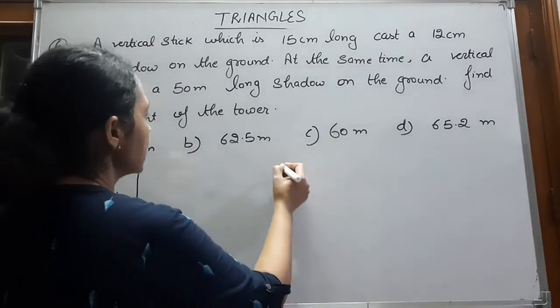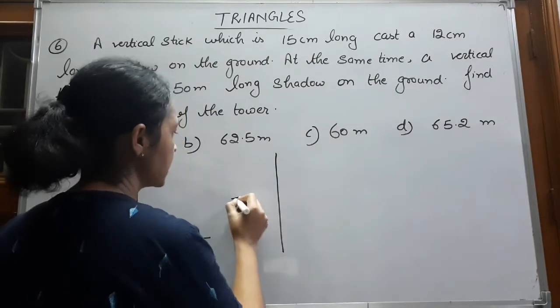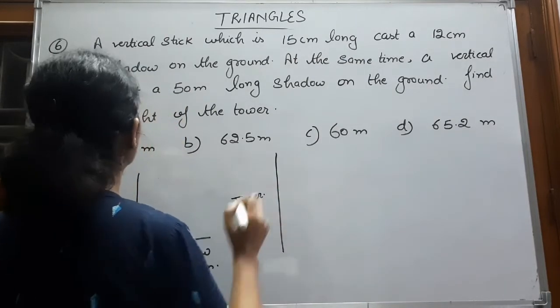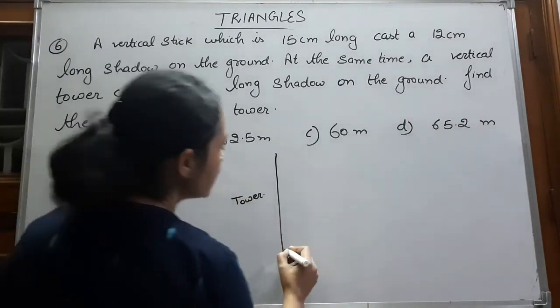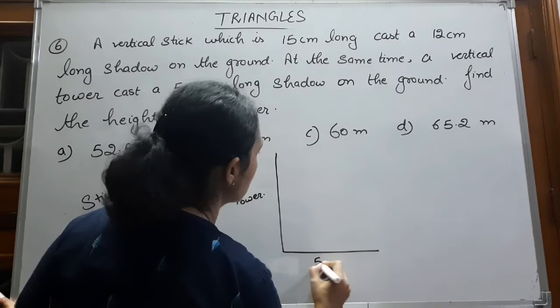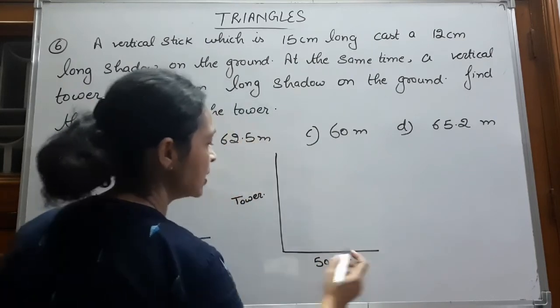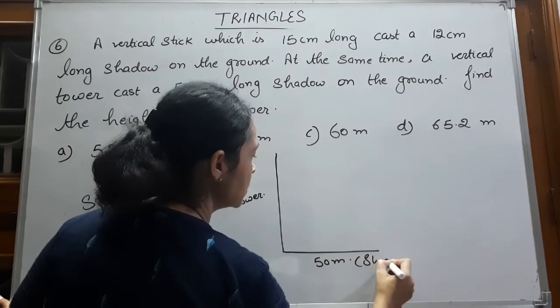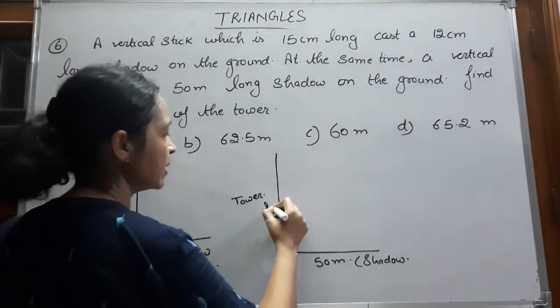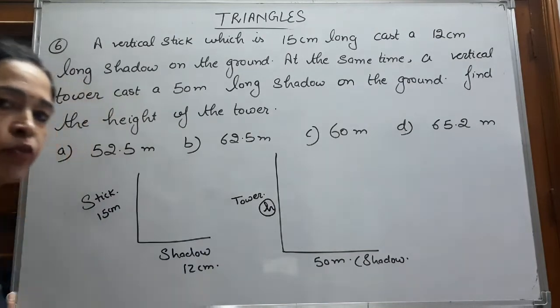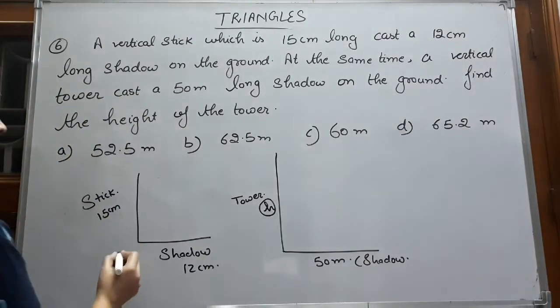At the same time, we have a vertical tower which casts a shadow of 50 meters on the ground. This is the ground and this is the shadow on the ground. We have to find the height of the tower. Say the height of the tower is h. We have to find the value of h.